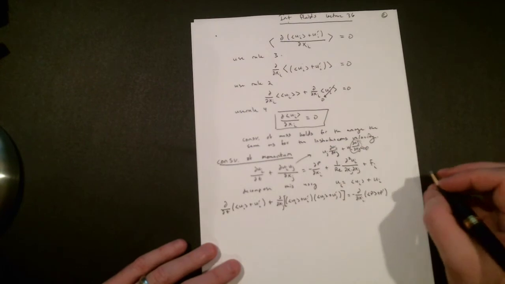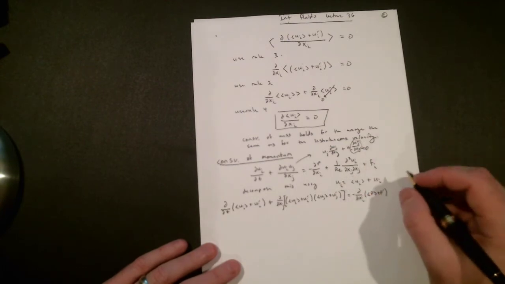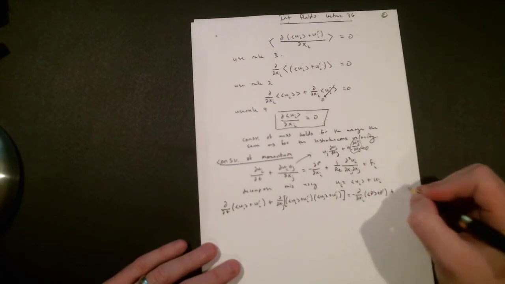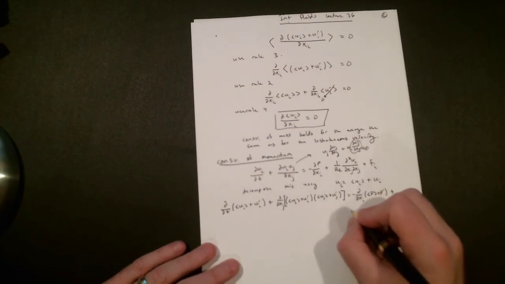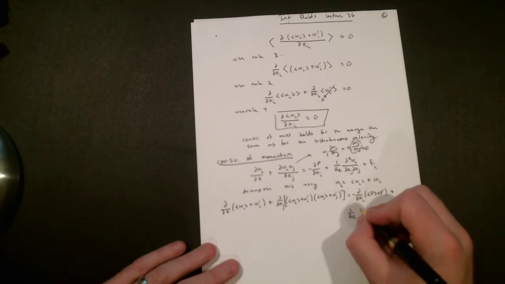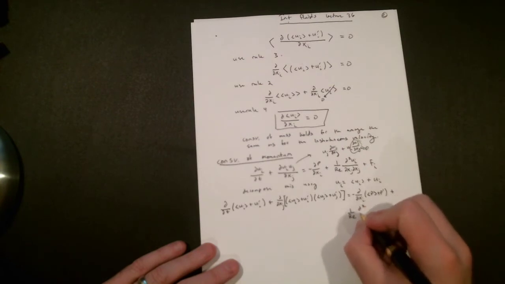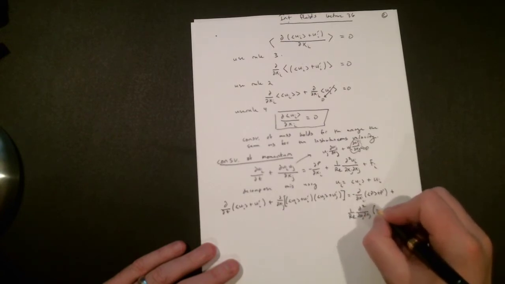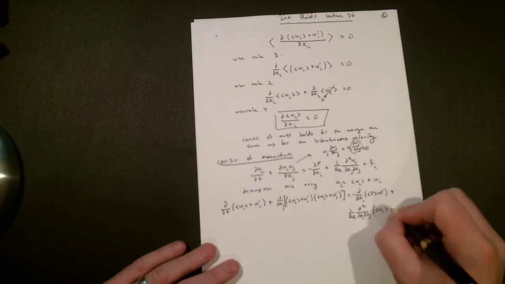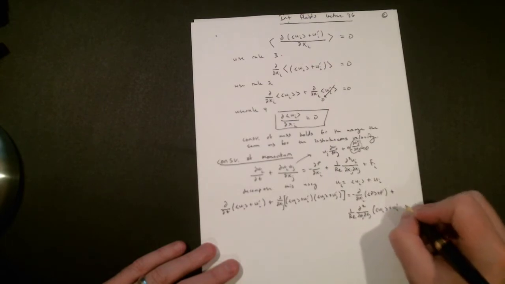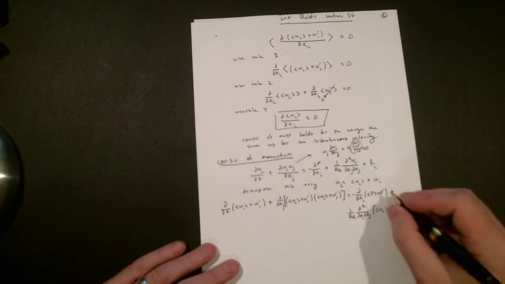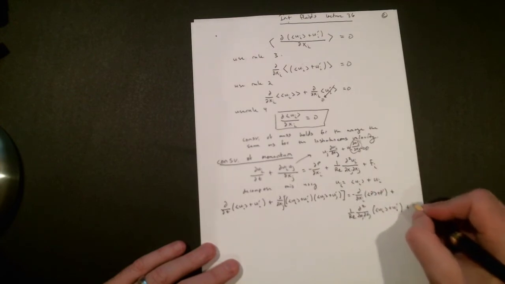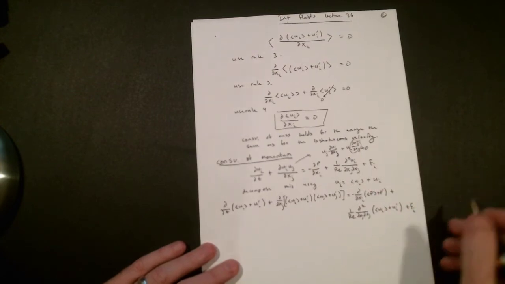We'll also have our viscous term. So we'll have a plus, and then 1 over Re, which will remain a constant, times the second derivative with respect to xj of the ensemble of ui plus the fluctuation from ui, plus, and we'll just say our forcing term, we're going to leave that as fi for now.